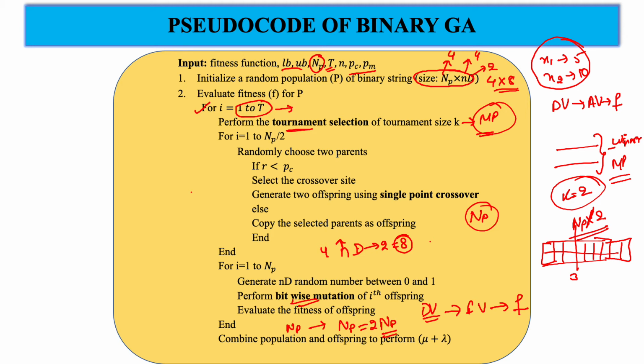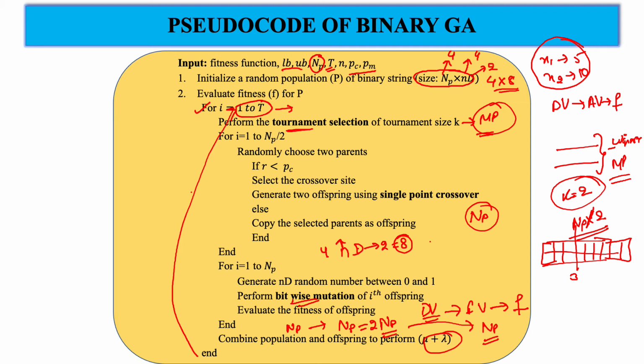By the mu by lambda method we get NP new solutions for the next iteration. Then we repeat this process till our termination criteria has been achieved. That's how we solve any binary coded genetic algorithm.